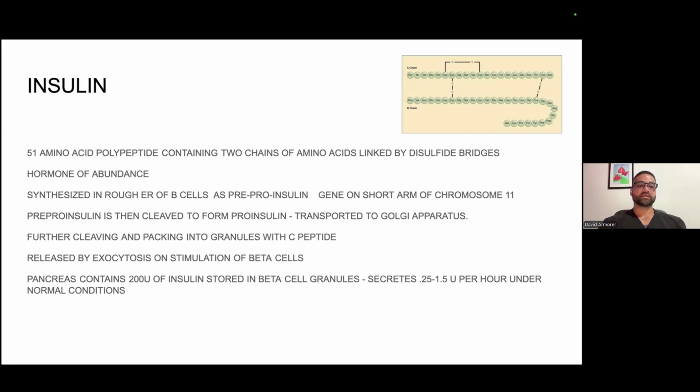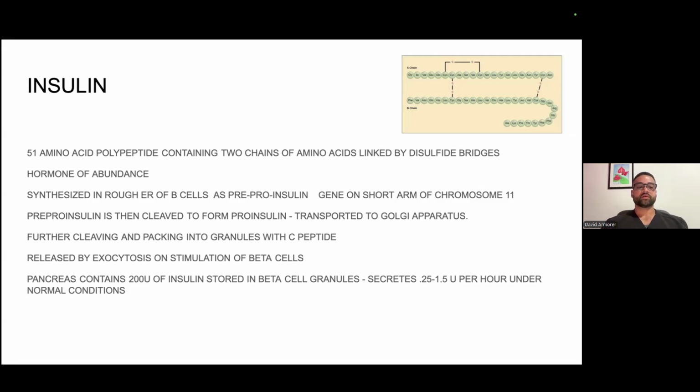So essentially, it is a hormone of abundance, and it is synthesized in the rough endoplasmic reticulum of the beta cells as a structure called pre-proinsulin, which is coded for by the gene on the short arm of chromosome 11. Pre-proinsulin is then cleaved to form proinsulin, which is transported to the Golgi apparatus, where further cleaving and packaging occur into granules with C-peptide.